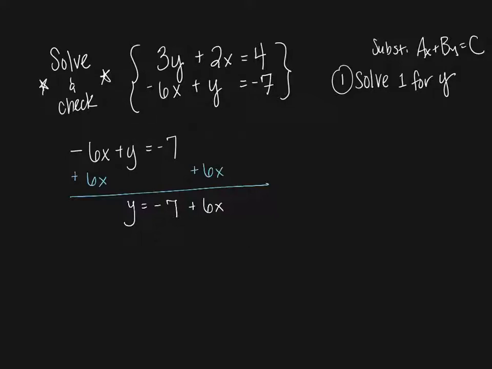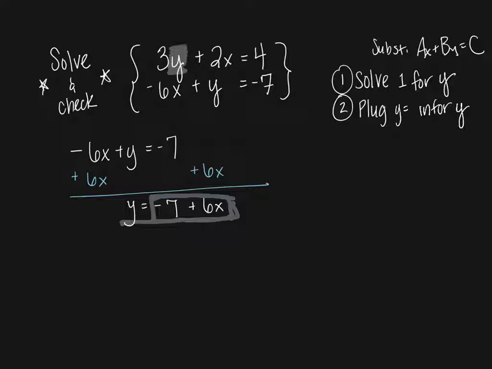The second step that I want to do when I have equations in standard form is to write an equation containing only one variable and solve. Or in other words, I'm going to end up taking this equation right here, and I'm going to plug it in for y in my first equation. So I'm going to take this guy, and I'm going to come up to this equation, and it's going to go right here where I have a y.